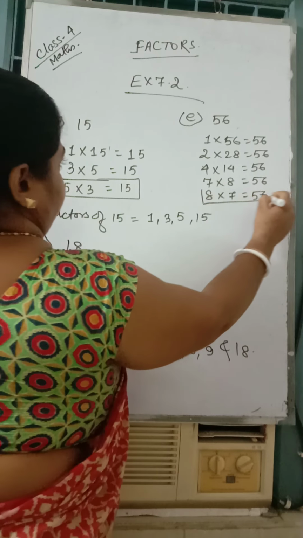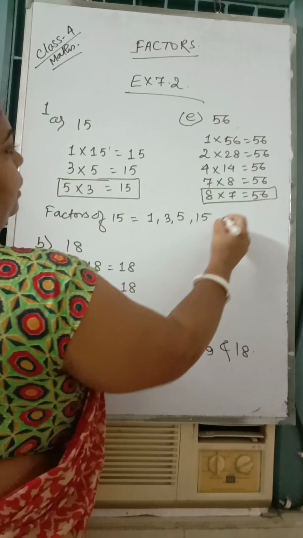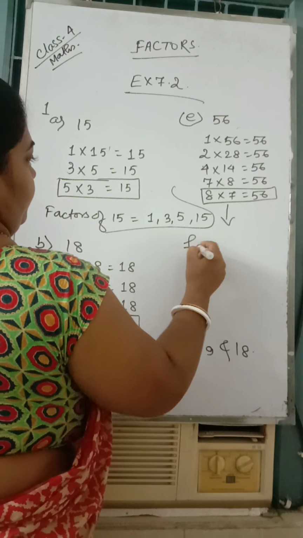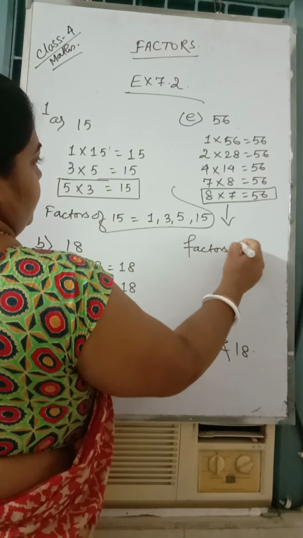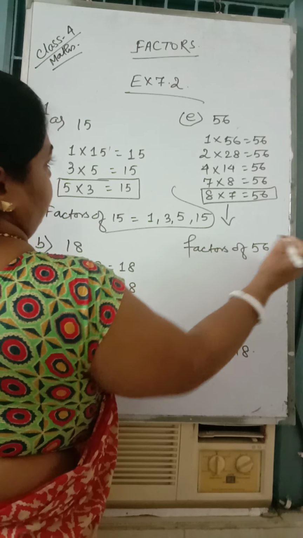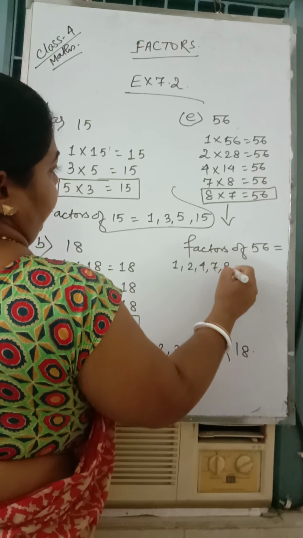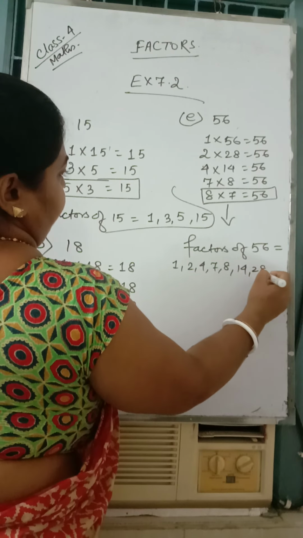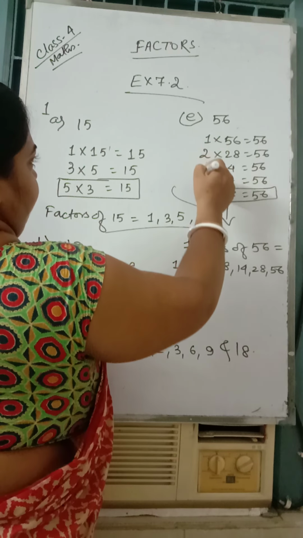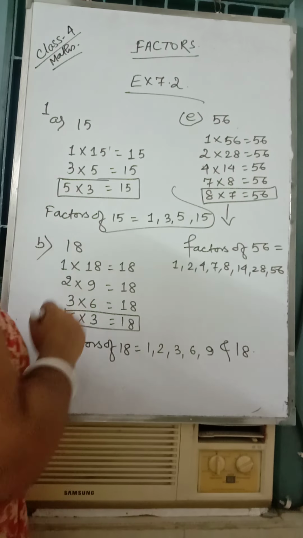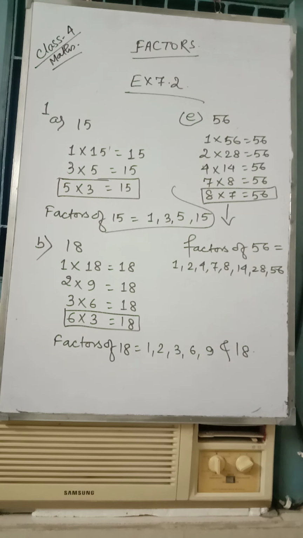So we are getting vice versa here, so we'll stop. The factors of 56 are 1, 2, 4, 7, 8, 14, 28 and 56. You see, in this way we get the factors in a U-turn. This is using multiplication.